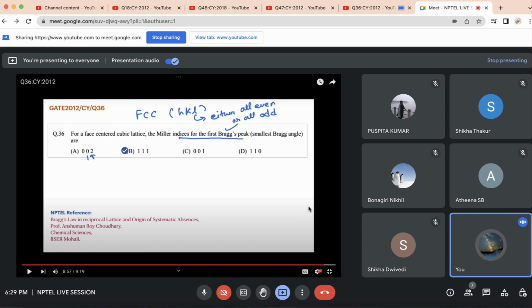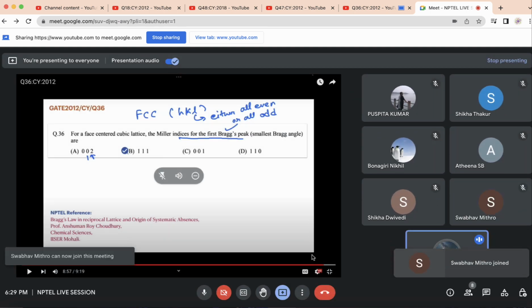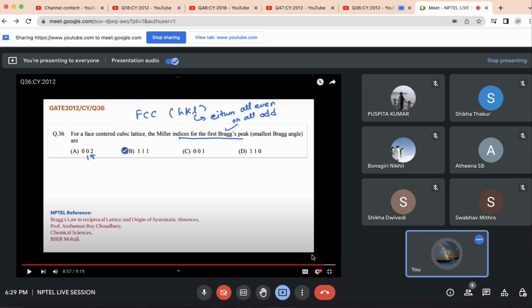So my question is whether options A, C, and D will belong to FCC or not. Anyone can comment. You can type also if you don't want to unmute.